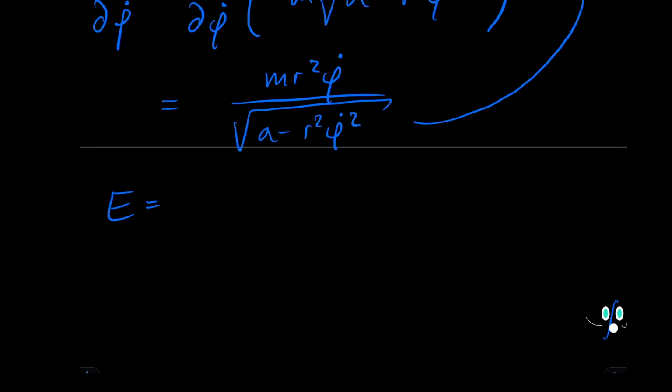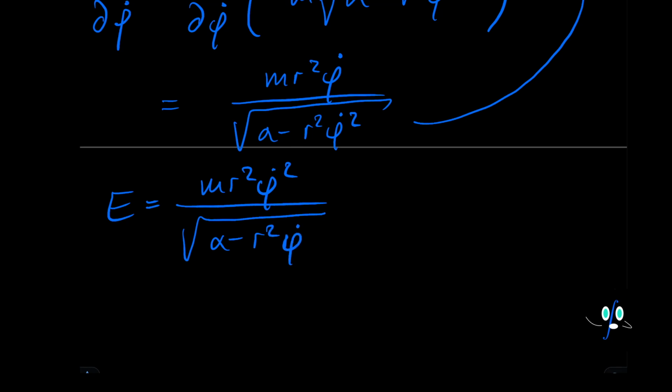So we have E is equal to m r squared phi dot squared divided by the square root of alpha minus r squared phi dot squared, minus the Lagrangian, and the Lagrangian itself is minus m, so plus m times the square root of alpha minus r squared phi dot squared.